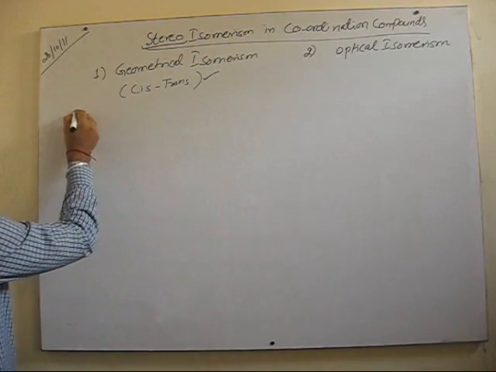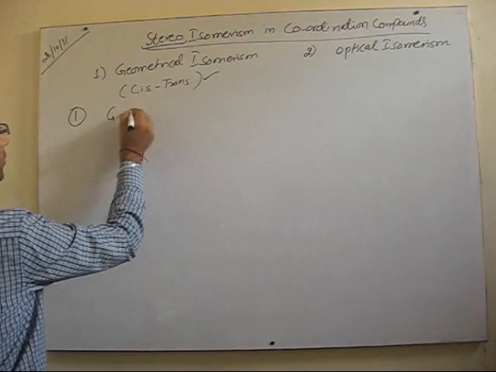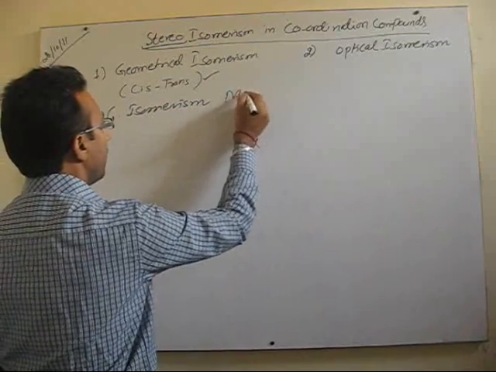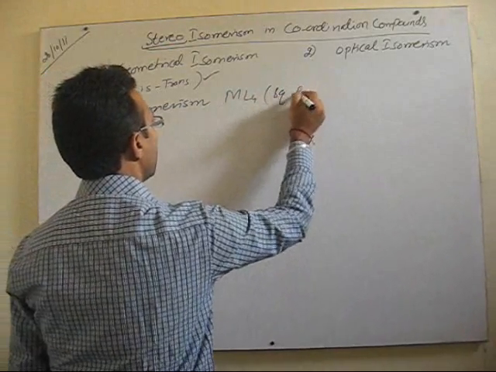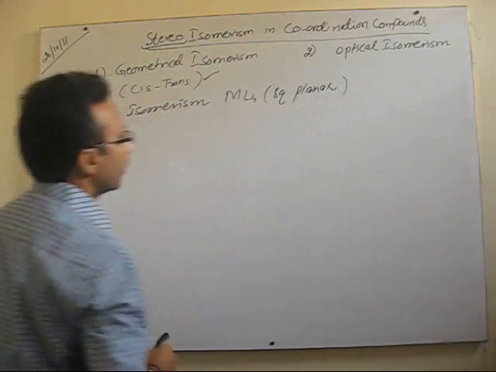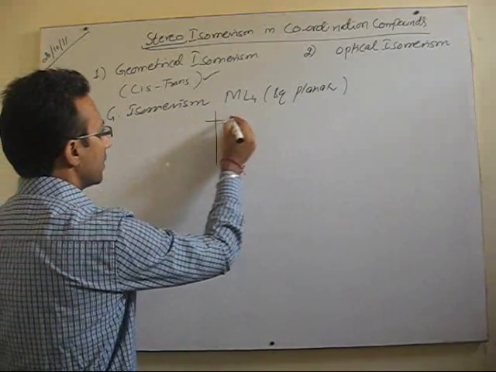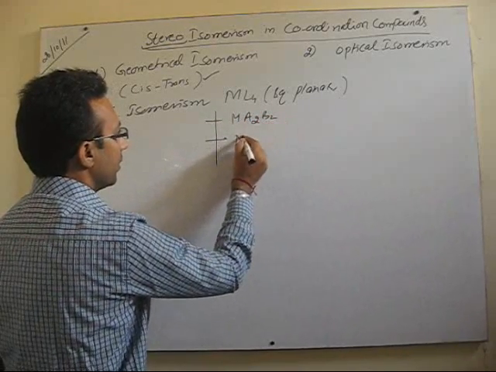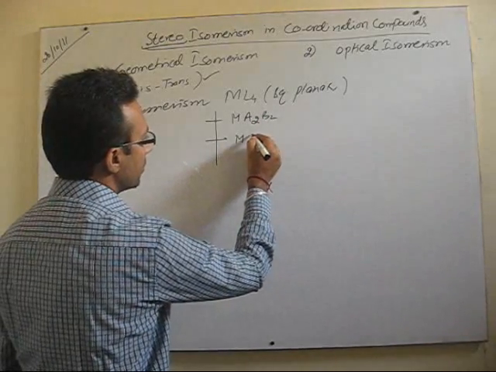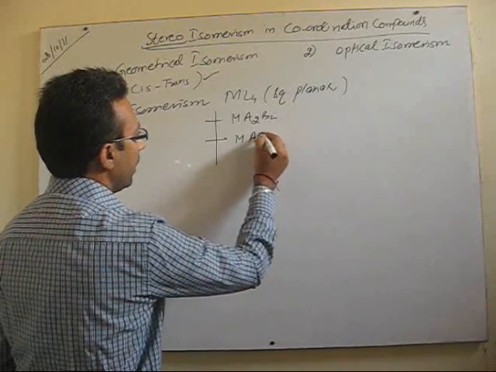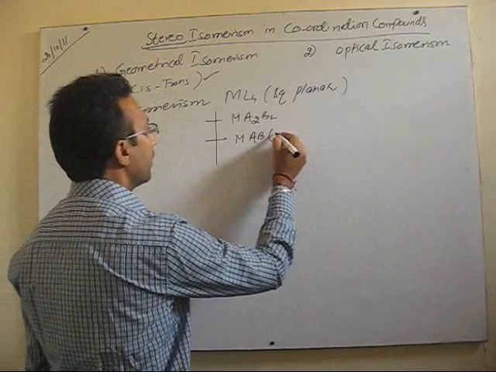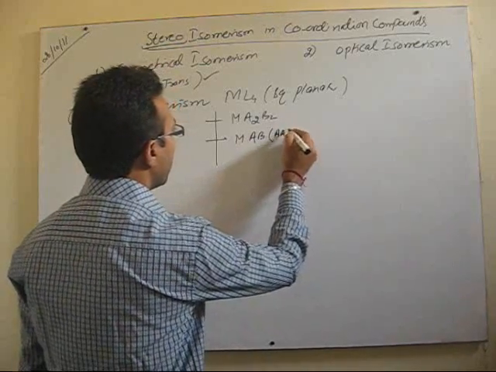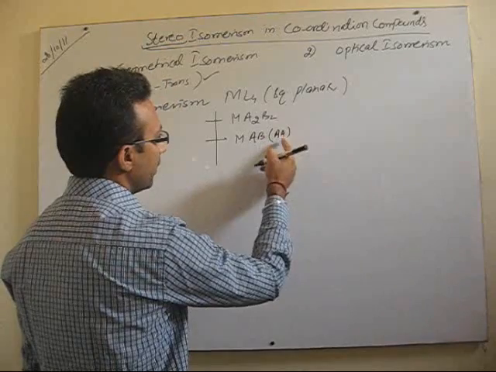Let me take the first example, geometrical isomerism in ML4, that is square planar complexes. Now here you have some categories. The first class is MA2B2 type. Second, M(AB)2 type.